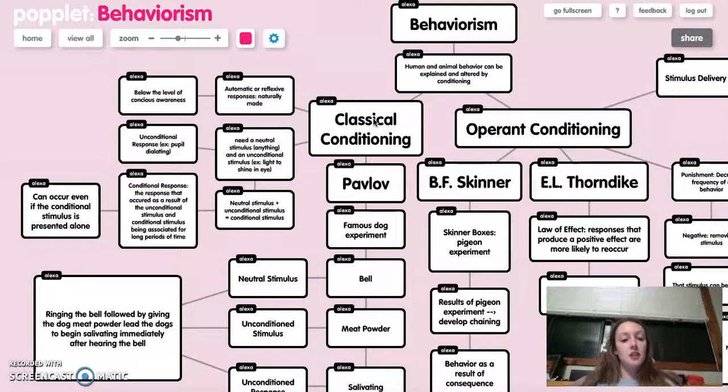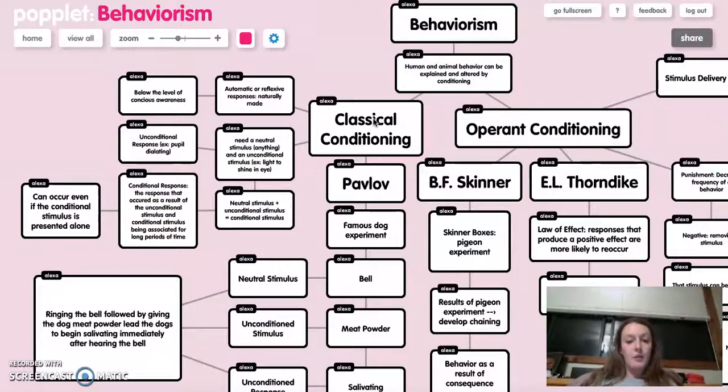Classical conditioning is used with automatic or reflexive responses, which are naturally occurring responses. So, things that you cannot consciously do, such as your pupils dilating, your heart rate speeding up, etc. Things that you cannot consciously control.